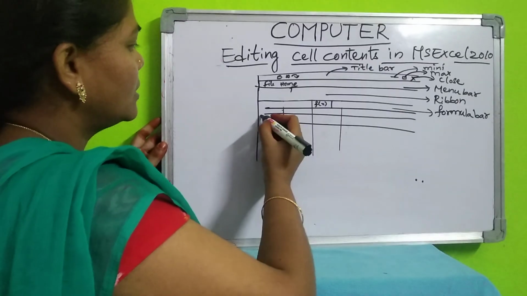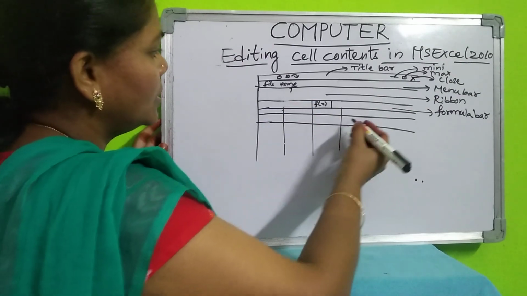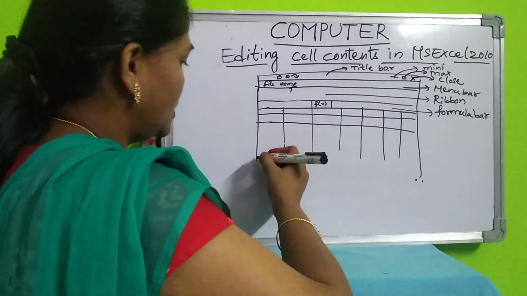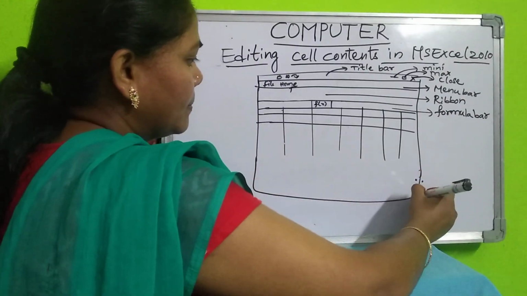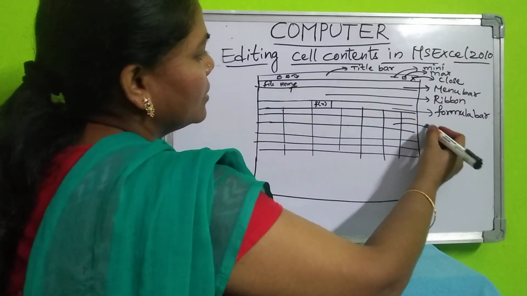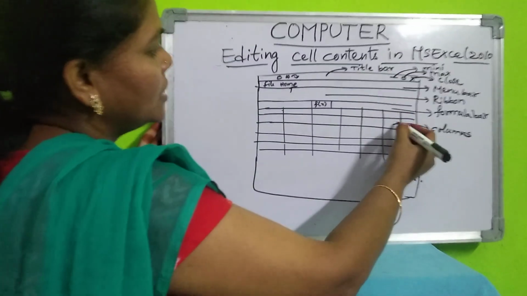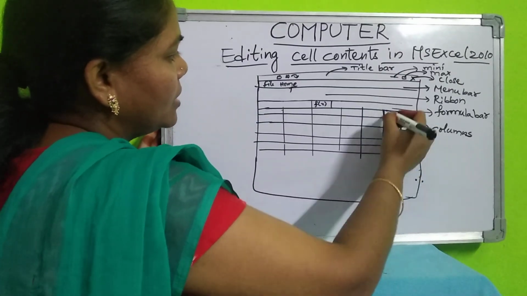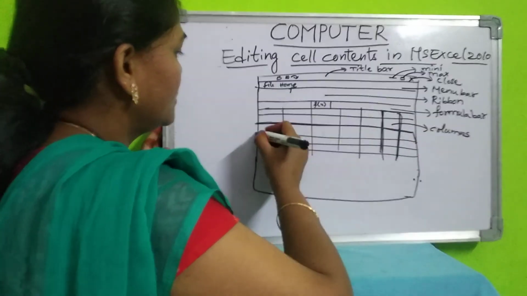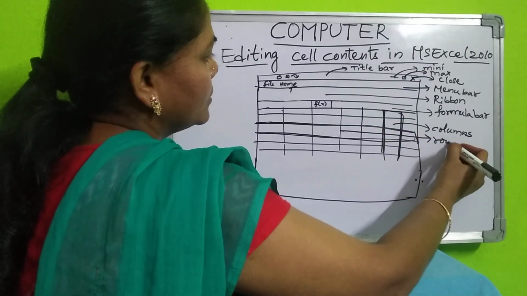Next, these are the columns and rows in the worksheet. This vertical one is a column. This horizontal one is a row.